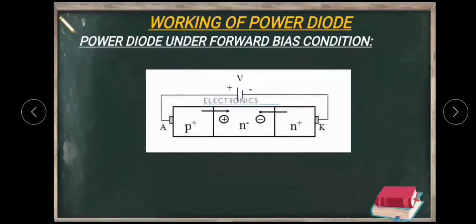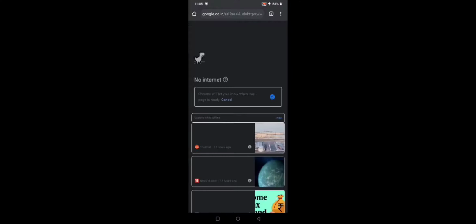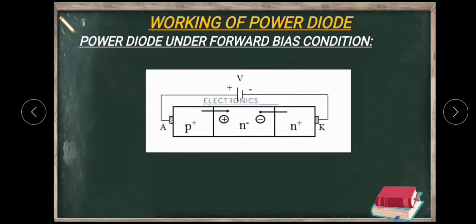Forward bias is nothing but the P plus region is connected to the positive terminal of the battery, and the N plus region is connected to the negative terminal of the battery. Then the diode is said to be forward biased.